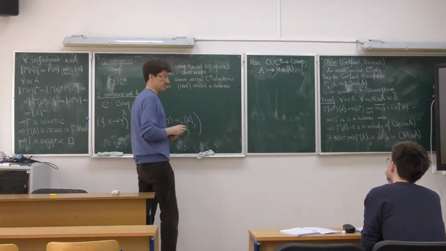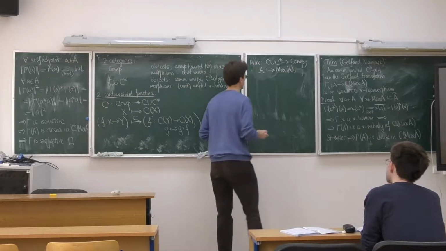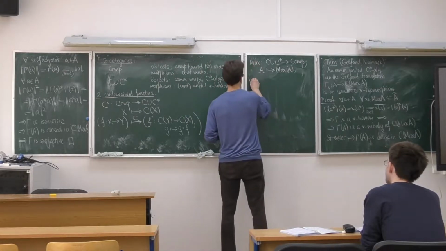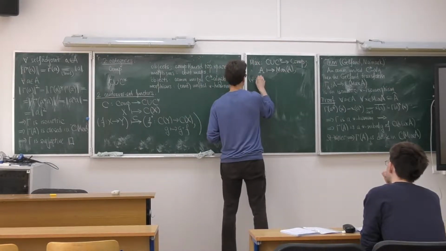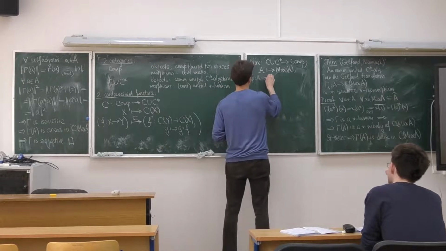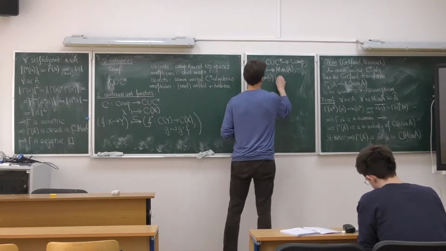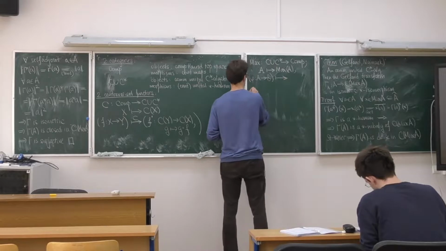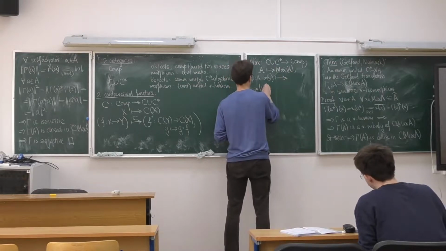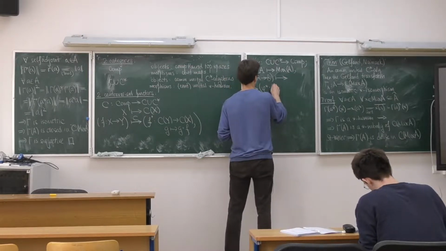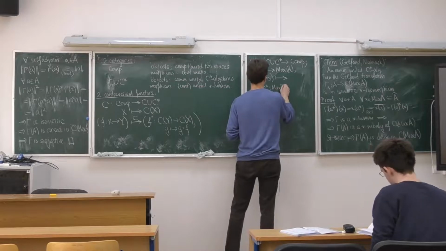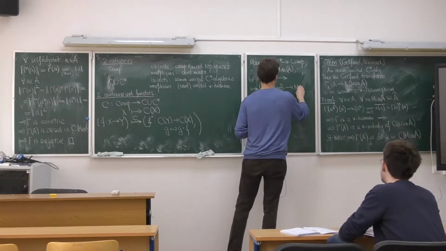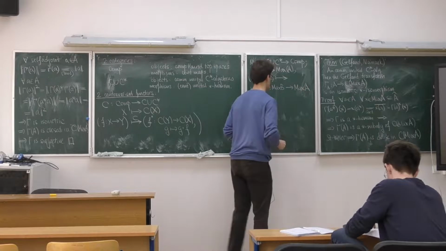And to define the action on morphisms, we take a morphism, a unital star homomorphism phi from A to B, and construct a map phi star from the maximal spectrum of B to the maximal spectrum of A as follows.